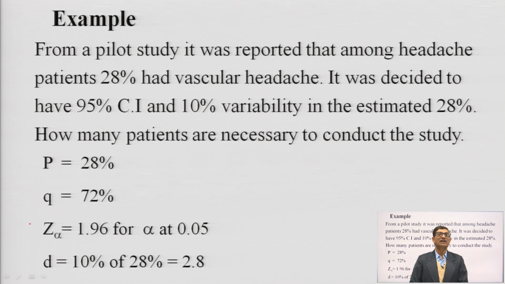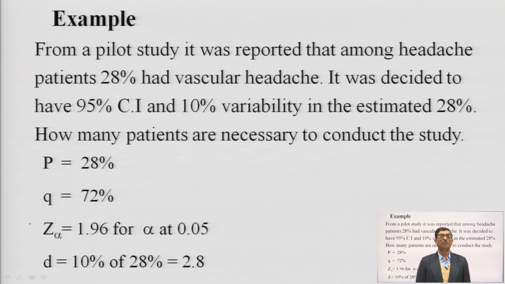For example, from a pilot study, it was reported that among headache patients, 28% had vascular headaches. It was decided to have a 95% confidence interval and 10% variability in the estimated 28%. So, how many patients are necessary to conduct the study?